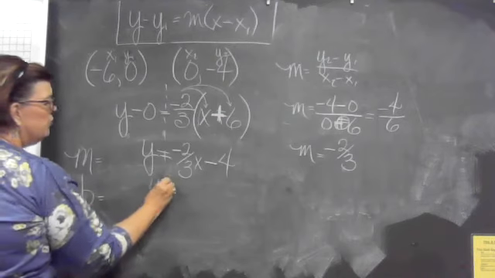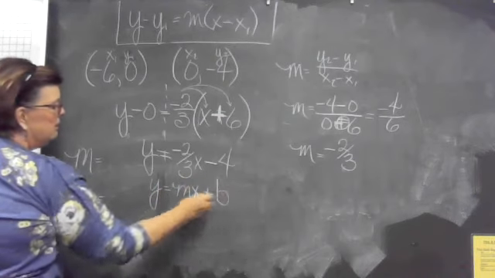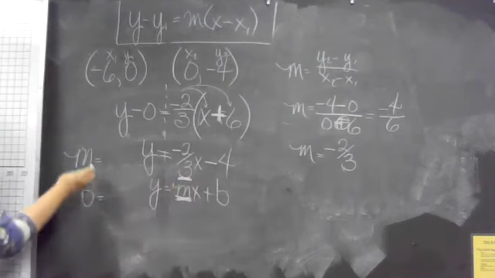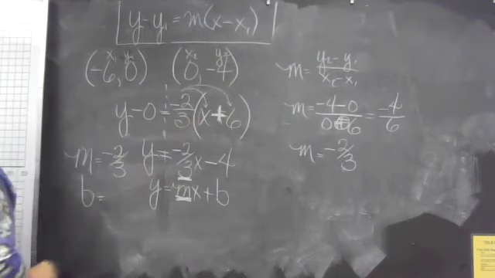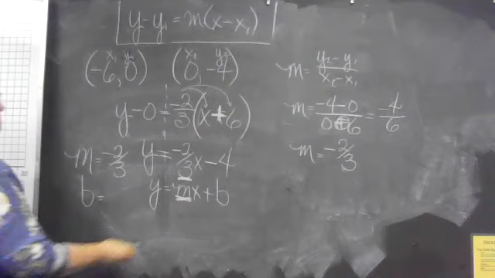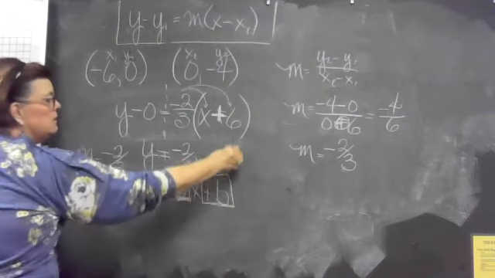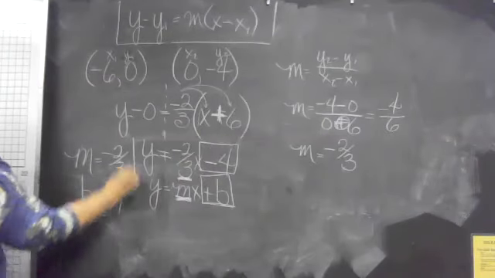Good. The m is the number in front of the x. So -2/3. It also happens to be over there where we found it. And the b, you use the sign with it. So the b is a -4.